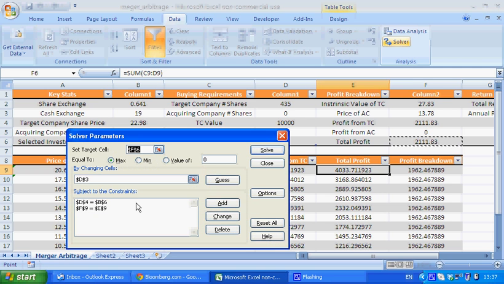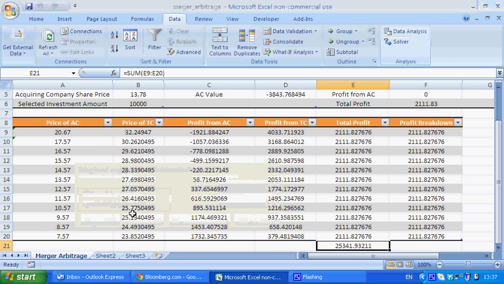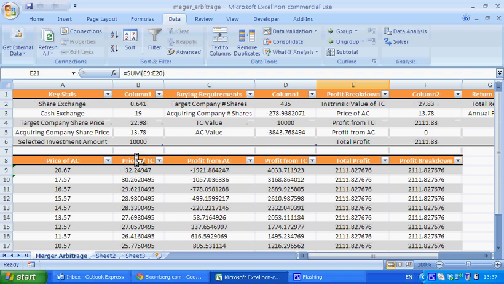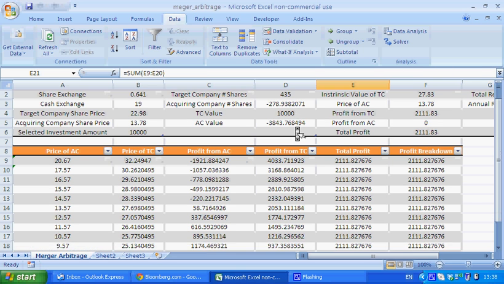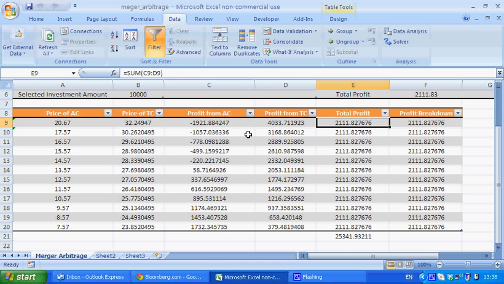So if we click OK and we click solve, lo and behold, look, our AC company number of shares is minus 279, and our total profit is the same if AC is at $20, and the same if it's at $7.